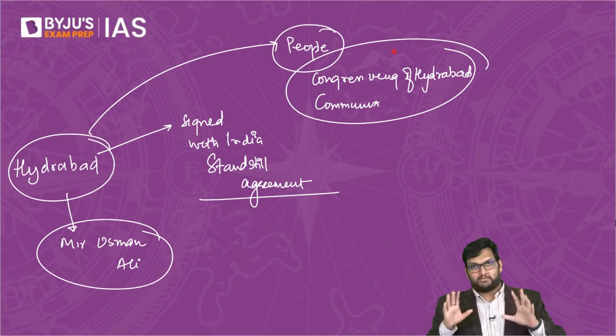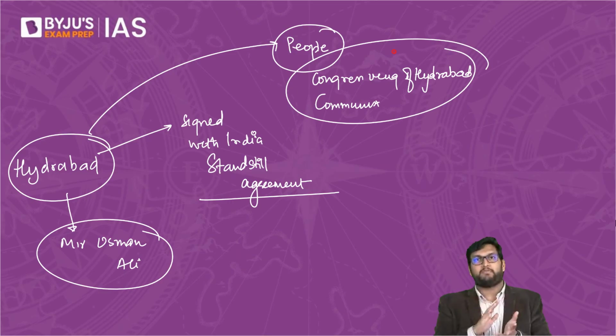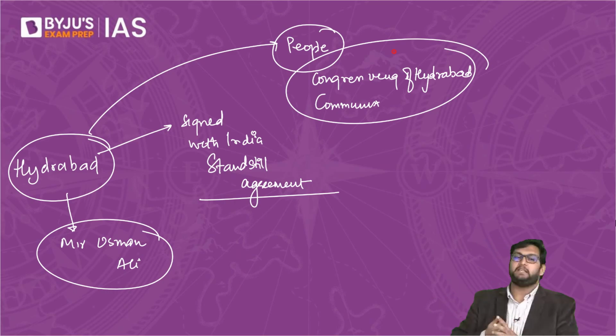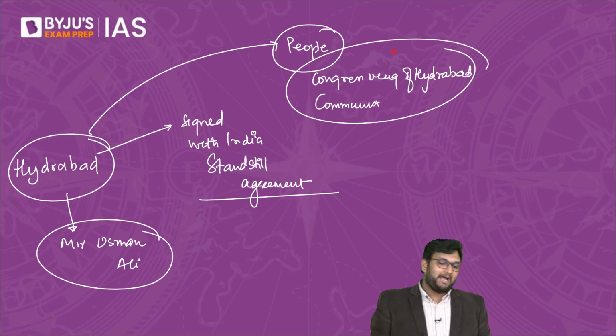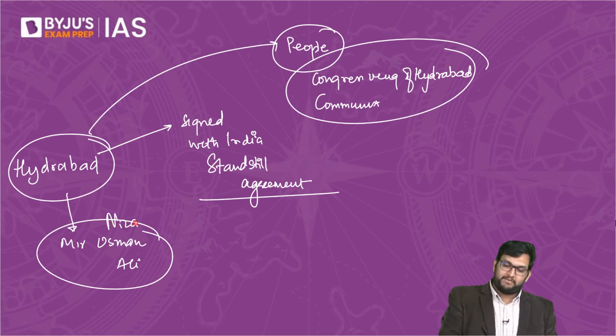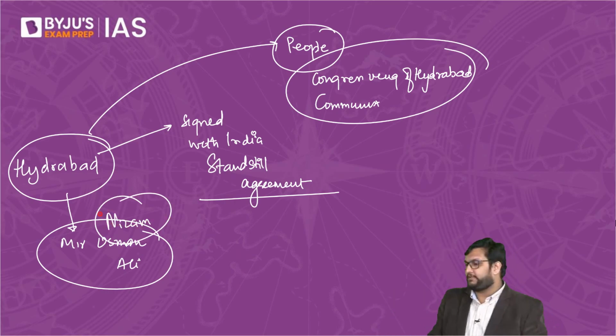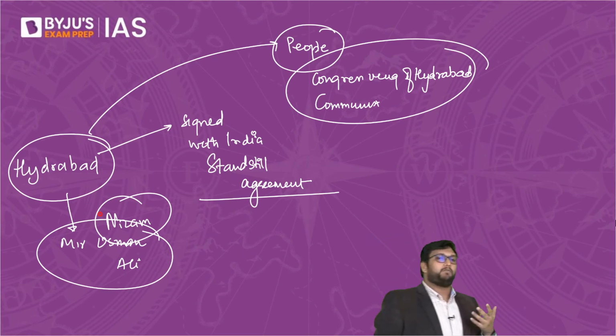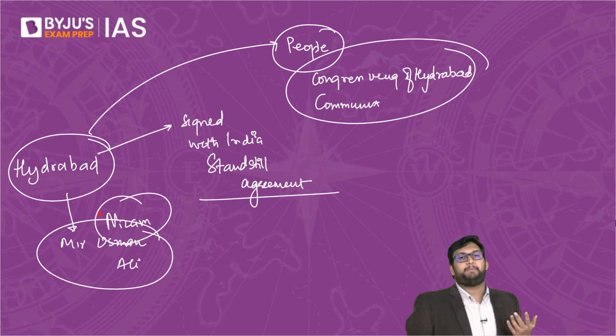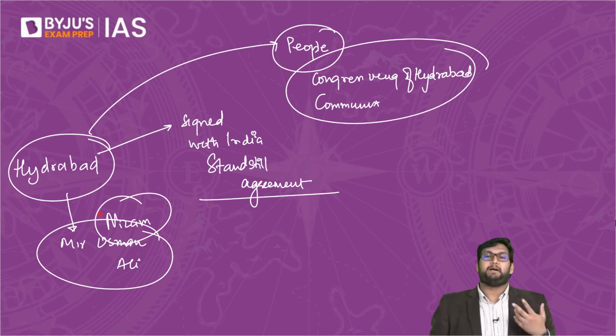The people were more or less a mix of Hindus and Muslims. The fact was that the peasantry was Muslim, but they had seen the wrath of the Nizam. The Nizam, Mir Usman Ali, was not a very popular personality. Everybody was waiting for independence, that somehow India could get independence and they could become a part of the people of India.